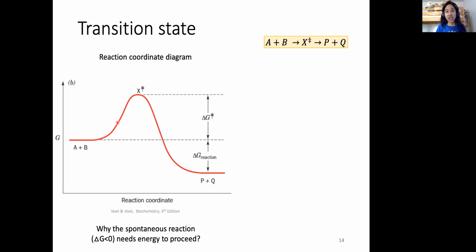So the energy required to bend the bonds is even greater than anything else to get into this transition state. So if you take a look at this reaction, A plus B, it needs to have the transition state, X with the double dagger sign right here, and then you get the products.